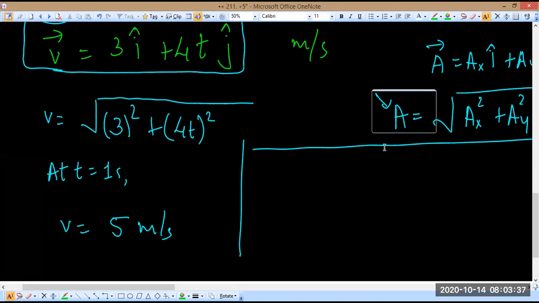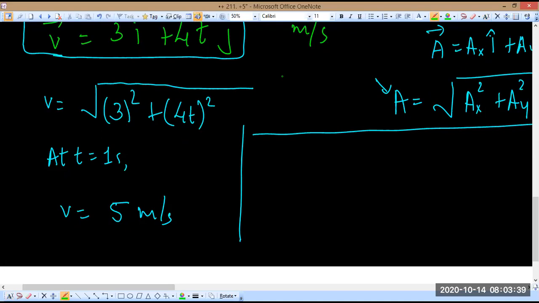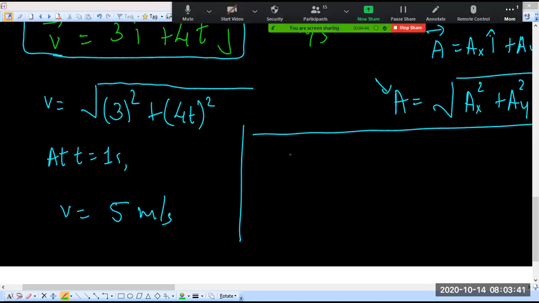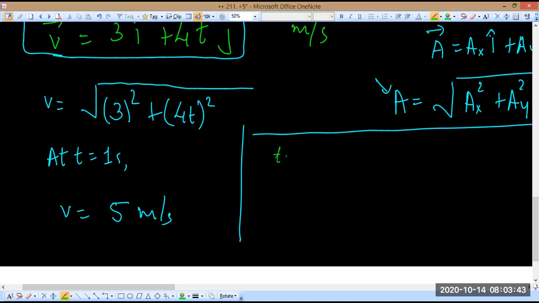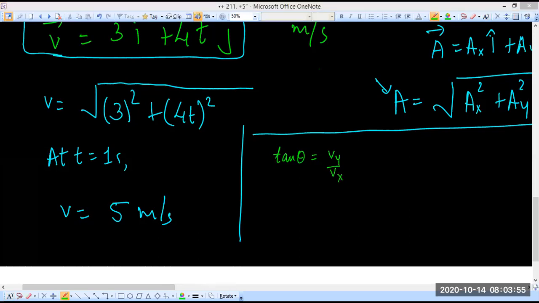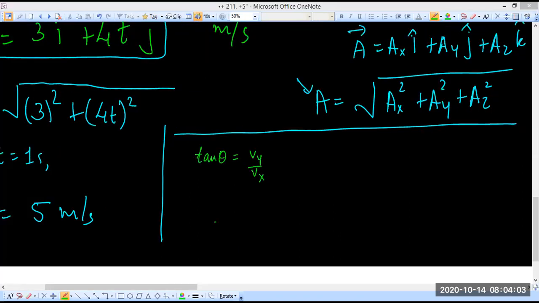Okay. So for direction, as I did mention earlier, if you want to find the direction of a vector, you can do that by taking tan theta equal to Vy by Vx, right? So if tan theta is equal to Vy by Vx, then let's put the values.